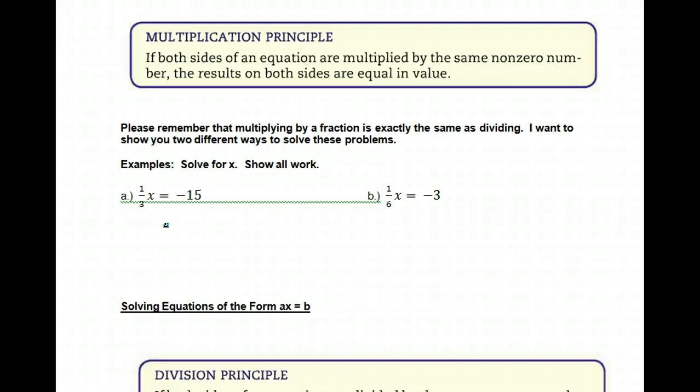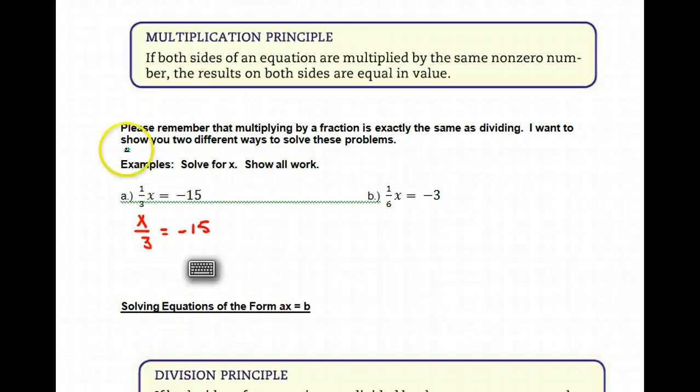If your fraction is in the form of 1 over a number, you can rewrite that as x over 3 equals -15. Because if you were to multiply your 1/3 times x over 1, we would have x over 3.